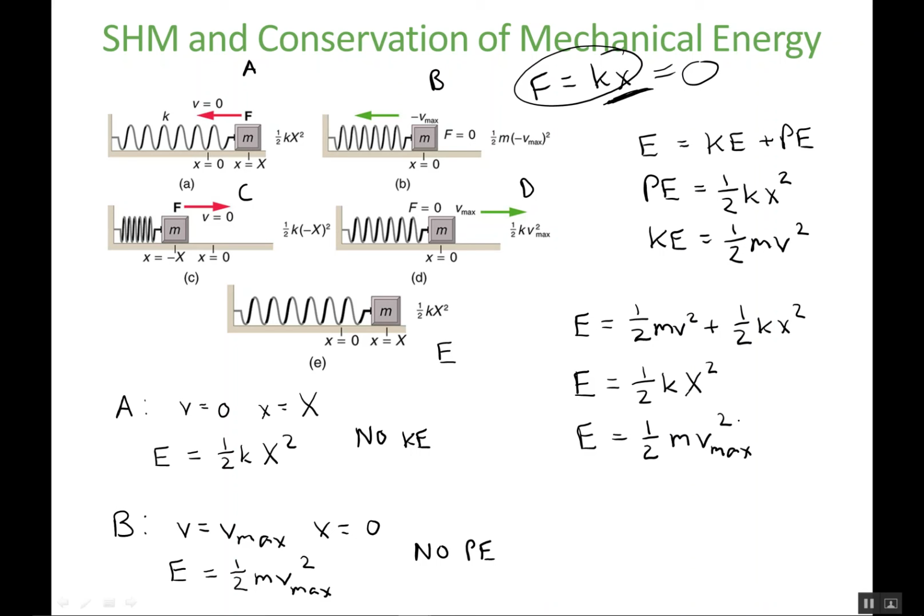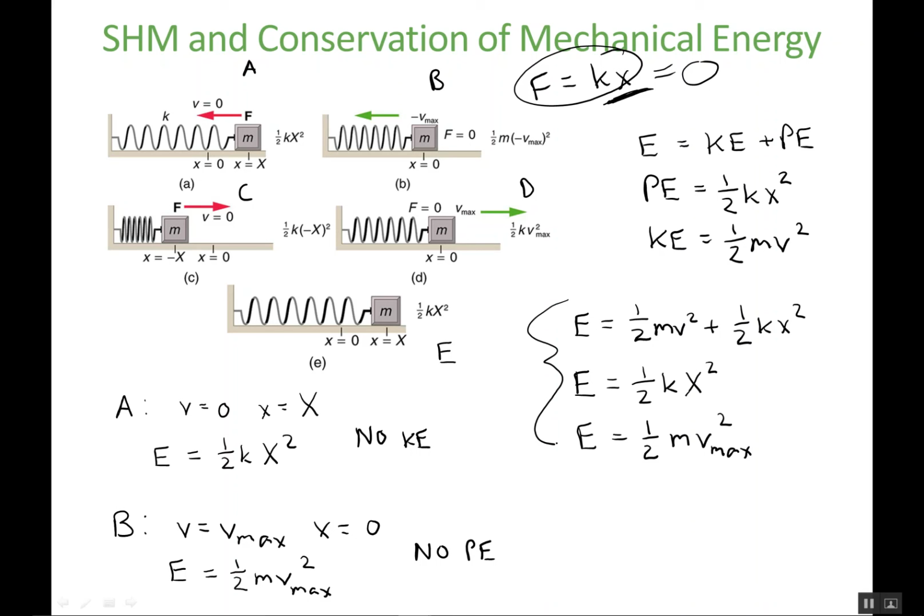So the power of conservation of energy, or in this case, conservation of mechanical energy, is that we can set the energy that the mass has at a moment in time equal to the energy it has at any other moment of time. So if we look at these three equations, we can set any of those equations equal to any of the other two equations, giving us a whole bunch of mathematical relationships that we can use to solve interesting problems.